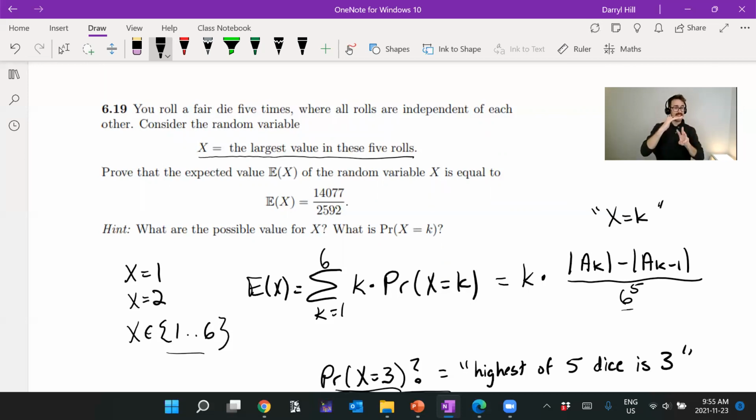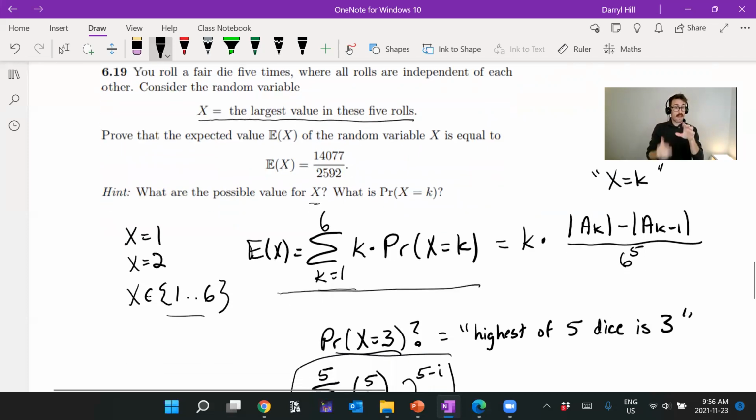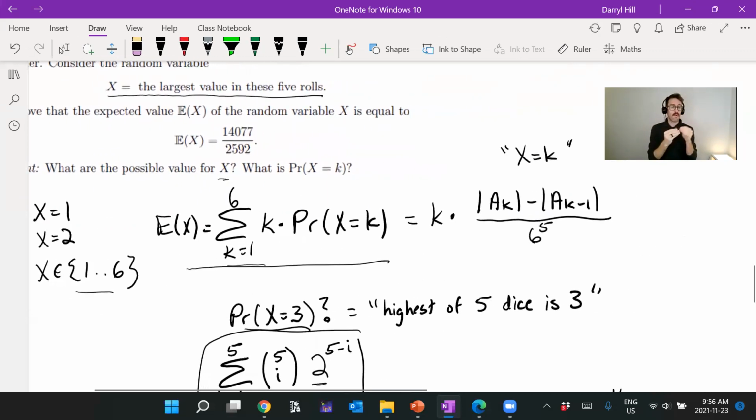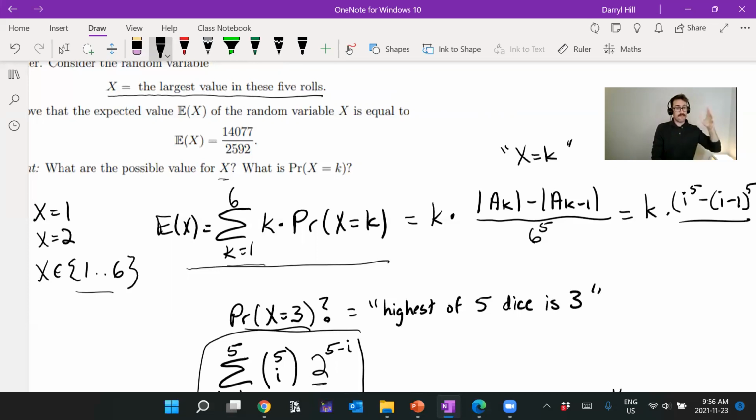So this is all possible dice rolls. Okay, so the expected value of this, I can compute the hard way, or this easier, more intuitive way. This is equal to k times i to the 5th minus i minus 1 to the 5th over 6 to the 5th. Sorry, not i, but k.